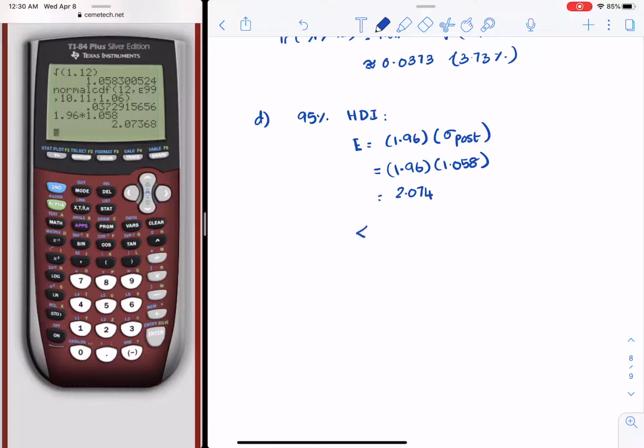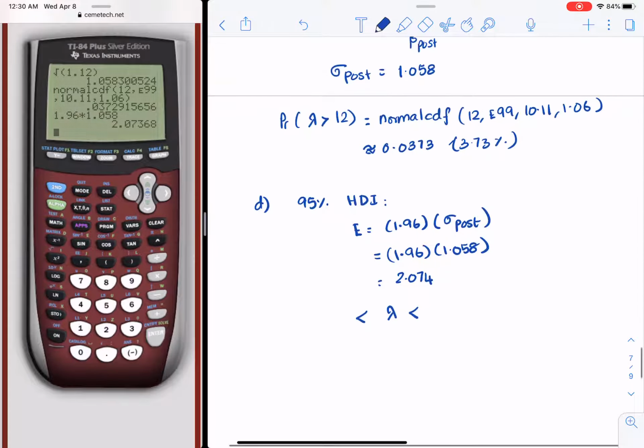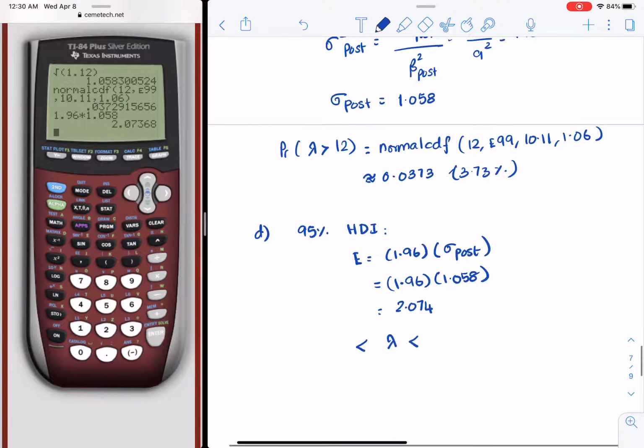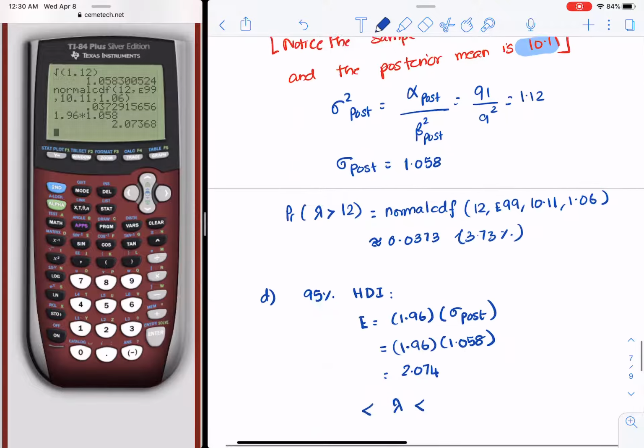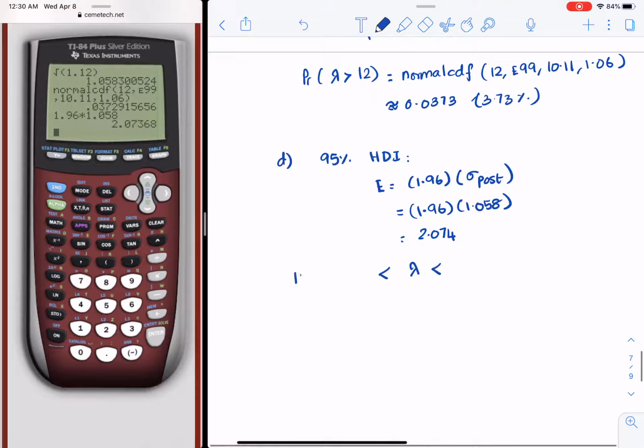So lambda would lie between the estimate for lambda, in other words, the posterior mean, 10.11, minus 2.074, and 10.11 plus 2.074.